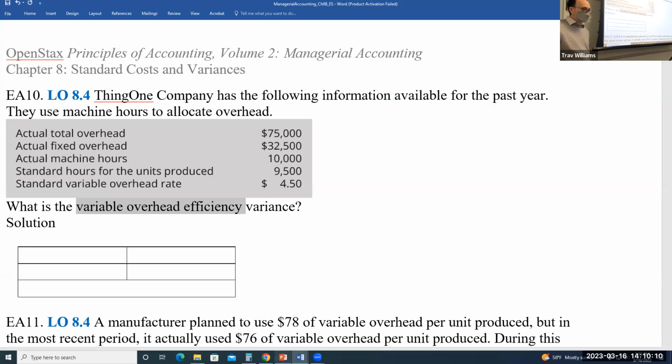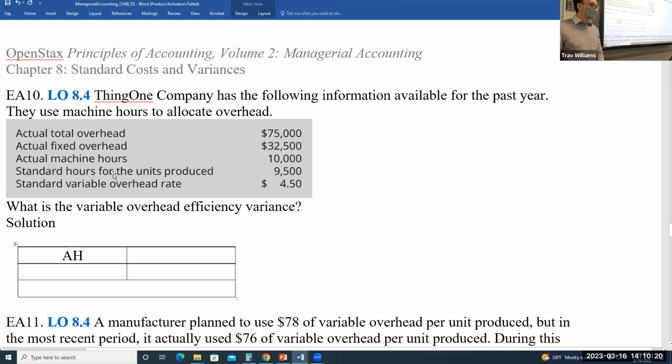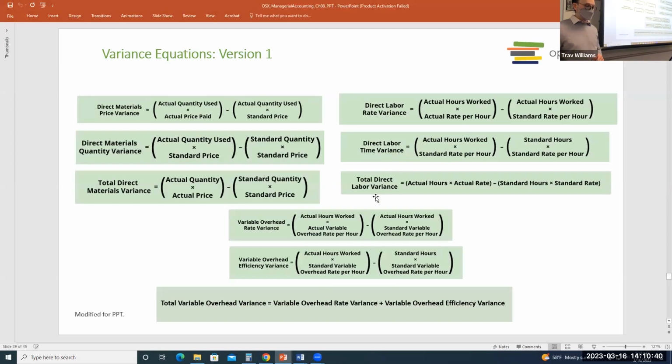So what we need to plug in here would be the actual, in this case, it's hours because they're basing their overhead on machine hours. So actual hours times the standard rate minus standard hours times the standard rate. Okay, and I'm just getting that from right here, from this formula.